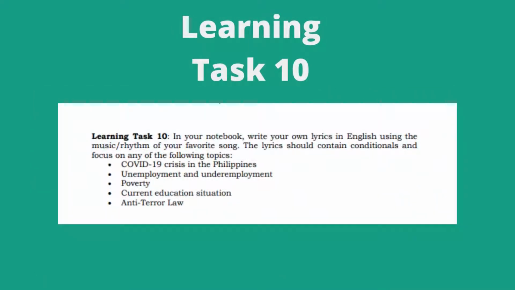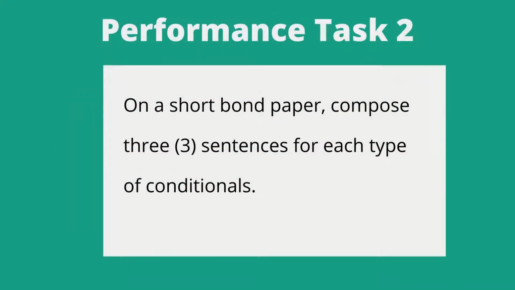For this task 10, you have to compose your own lyrics using the tune or rhythm of your chosen song. Choose a topic from the list below. Write your answers only. For your performance task 2, on a short bond paper, you have to compose 3 example sentences for each type of conditionals. So those are your learning tasks.